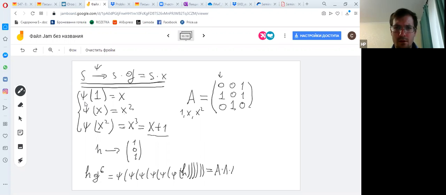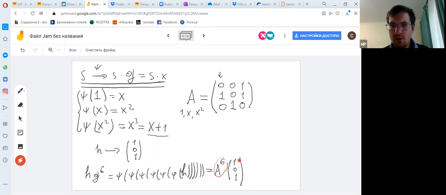Let me say A in the 6th power multiplied by this vector. To compute G multiplied by H multiplied by G in the 6th power, I need to compute A in the 6th power multiplied by this vector.